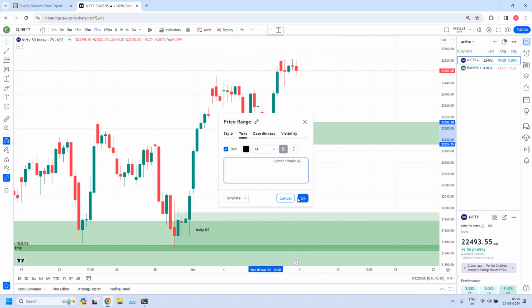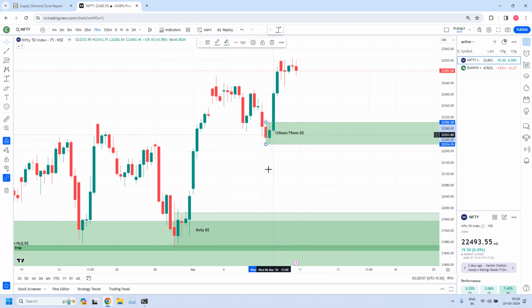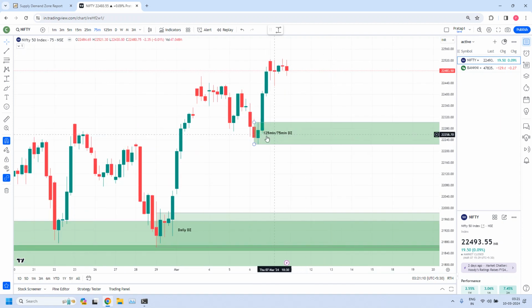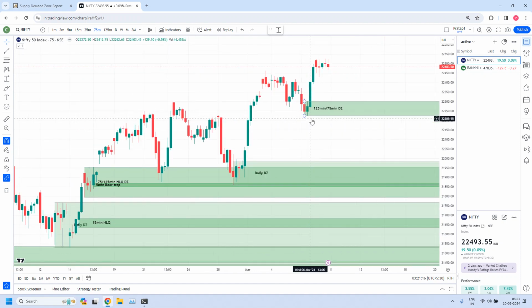But remember, this is a normal demand zone. That's why I didn't add the word HLQ, high liquidity. If there is no HLQ, you have to assume it is a normal demand zone. But this is the most recently available one for the current price.